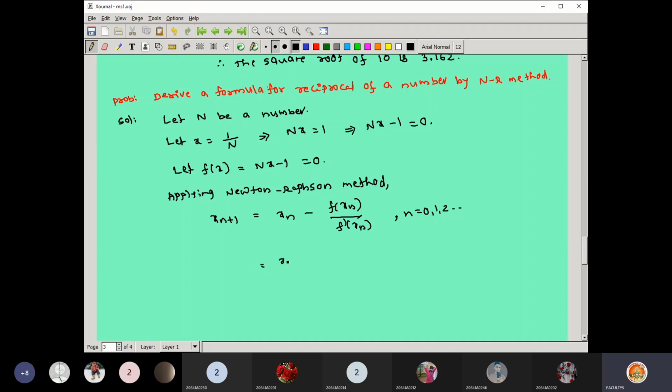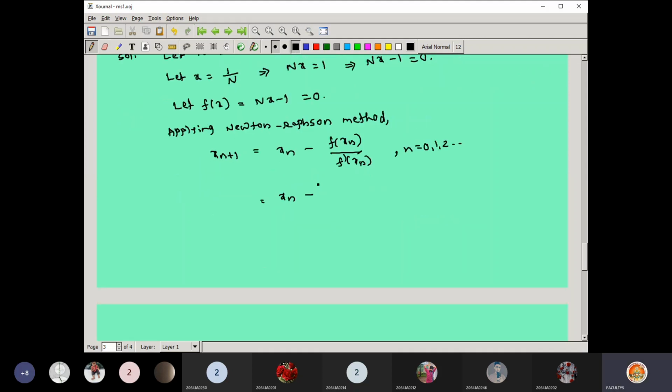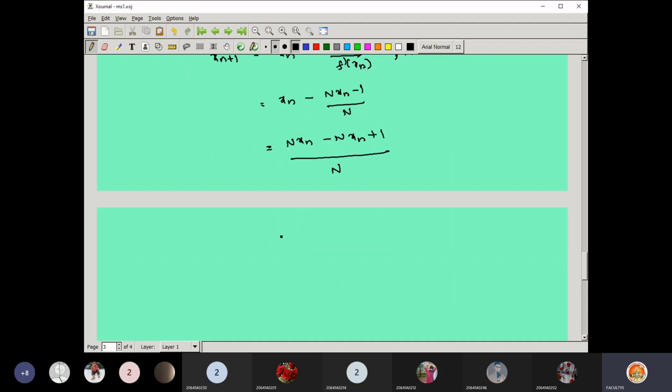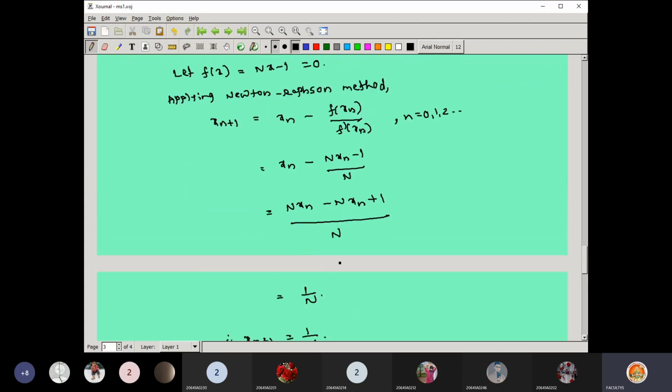So for this, xn you keep as it is, minus f of xn, which is Nxn minus 1, divided by f dash, the derivative of f of x, which is only N. Or I can write Nxn minus Nxn plus 1, total divided by capital N. So on cancellation of Nxn, you are getting the answer finally 1 by N. So therefore you are getting the formula xn plus 1 equal to 1 divided by capital N. That is the required formula to find the reciprocal of a number by applying Newton-Raphson method.